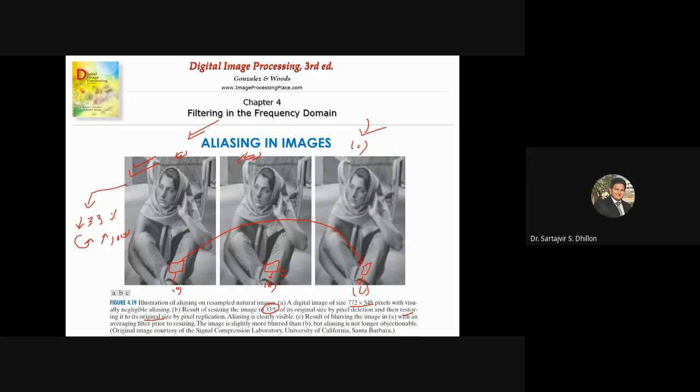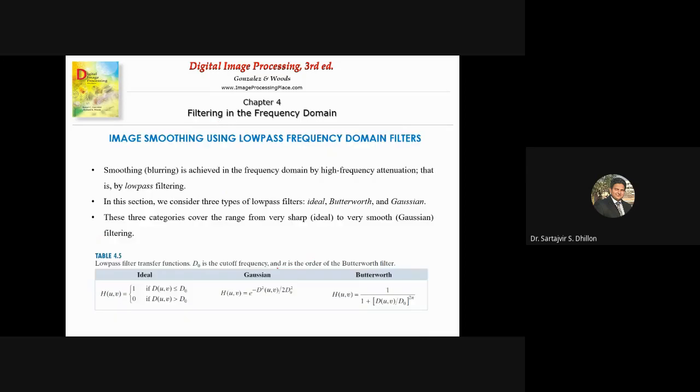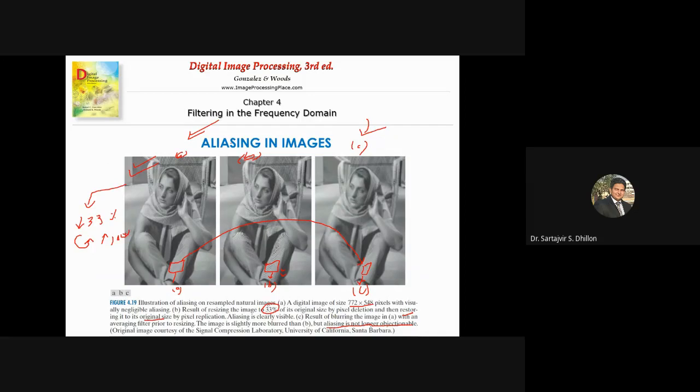Please note that in figure C the image has been blurred, but there is no aliasing effect, or only negligible aliasing. So in this case the aliasing is no longer objectionable. That is critical information that we need to work upon.